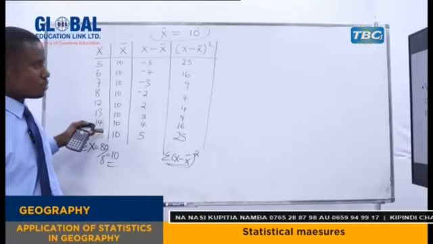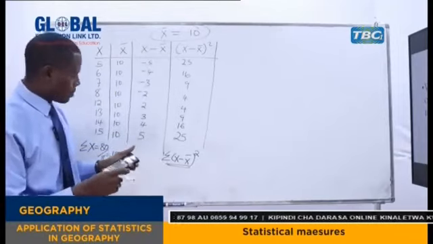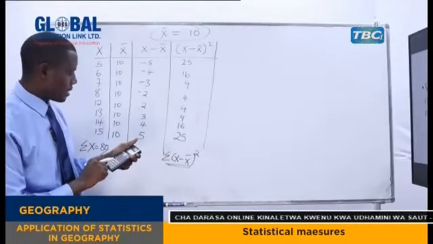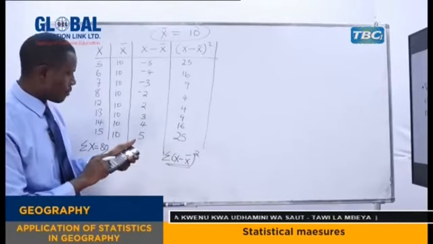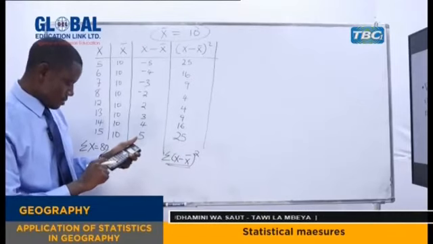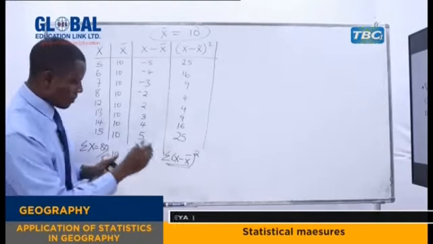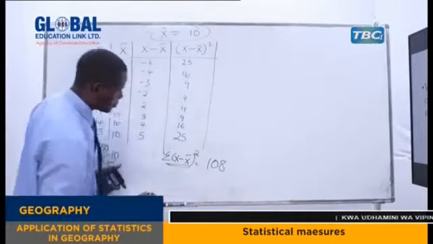So we just find the summation of that column. We start with 25 plus 16 plus 9 plus 4 plus 4 plus 9 plus 16 plus 25. Then we come up with a total of 108.